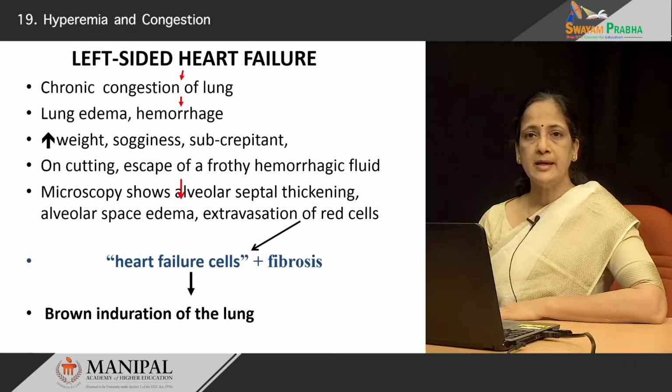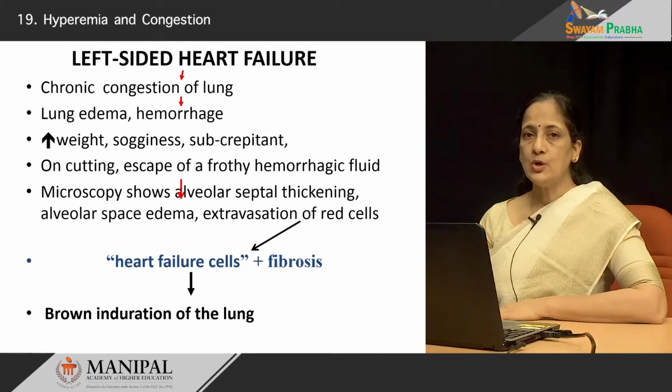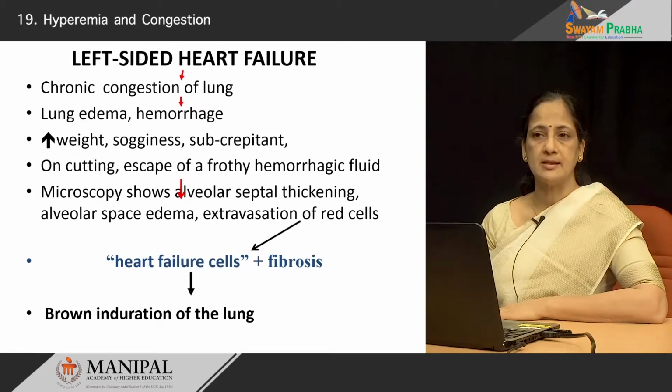So, pulmonary edema will occur as well as hemorrhages because of rupture of some of these smaller vessels. So, the lung as a whole will increase in weight, it will become soggy, it will have a subcrepitant texture, and when we cut such lungs, we see that a lot of frothy hemorrhagic fluid will escape from the cut surface.